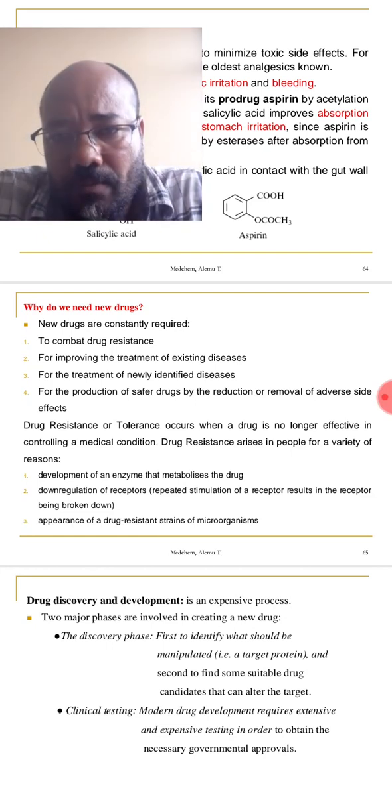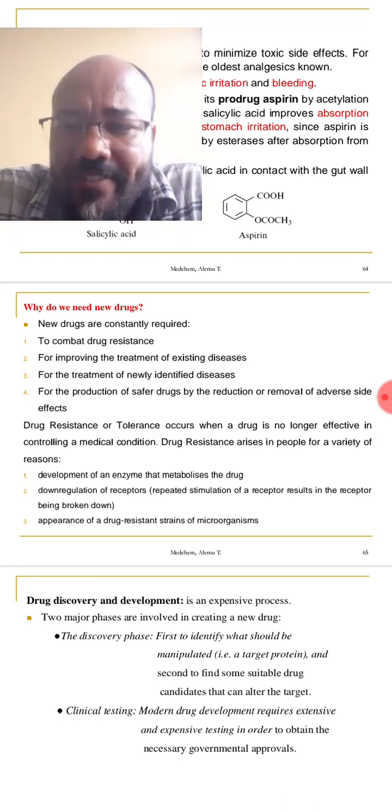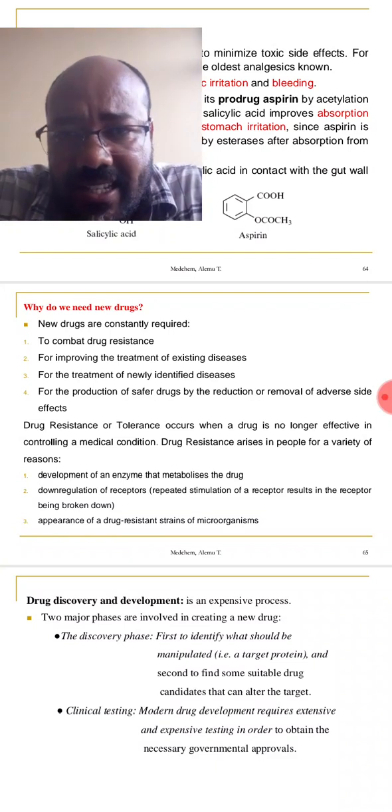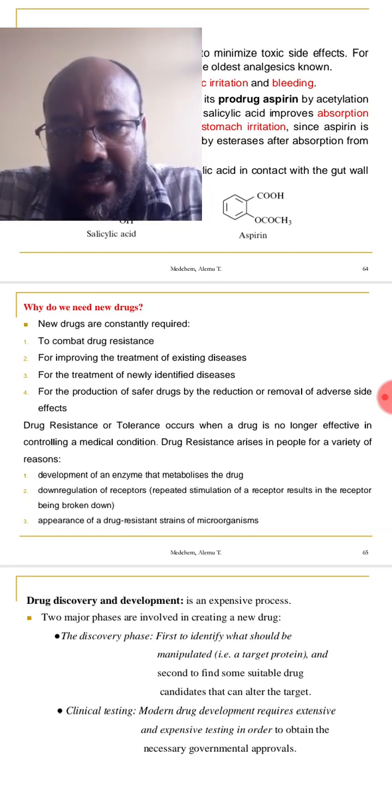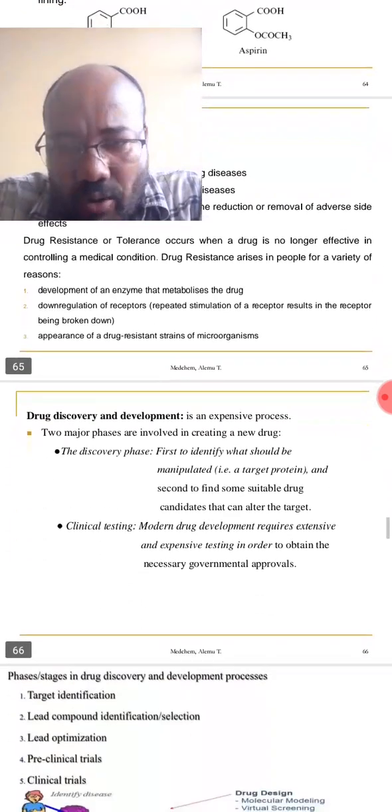Therefore, to overcome overdose toxicity or adverse side effects of existing drugs, we need new, better drugs that can substitute these existing drugs. This is the reason why we need new drugs.